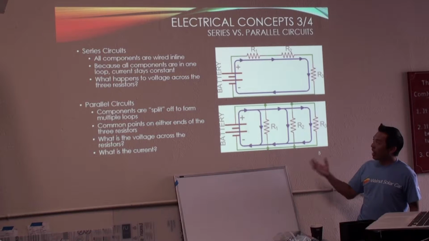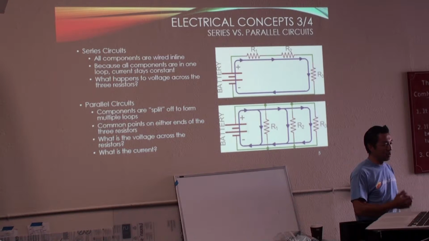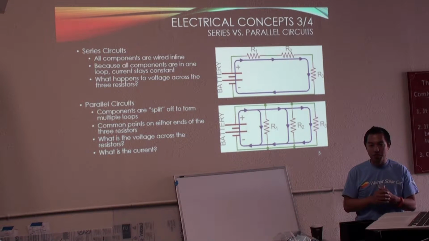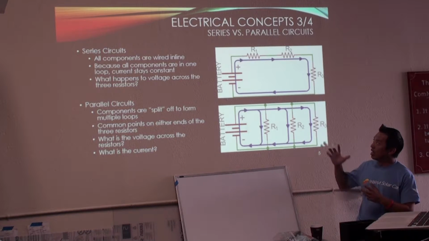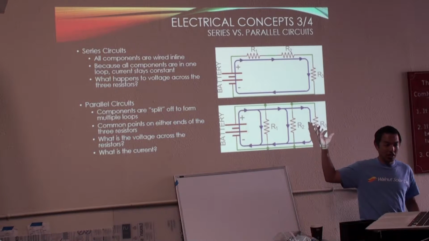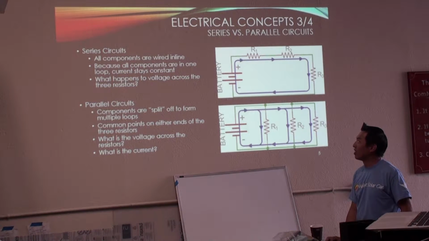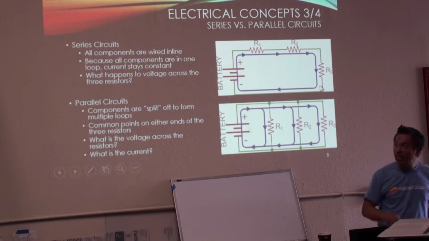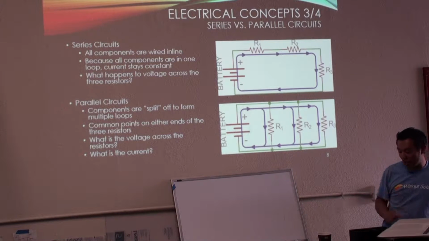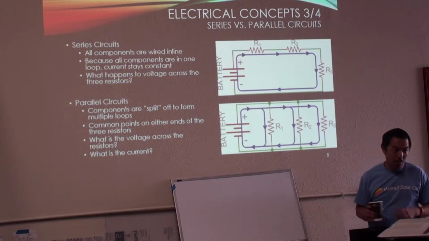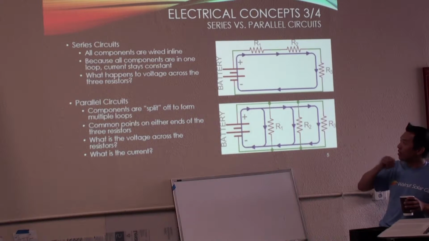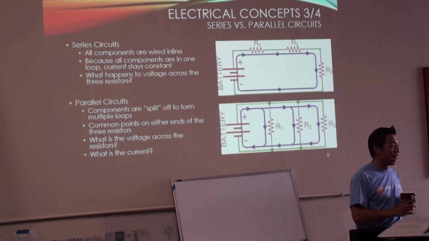So, given that, and given Ohm's law, if the current stays the same here, and you have different resistance drops here, what does that tell us about the voltage across those resistors? So let's give a more concrete example.